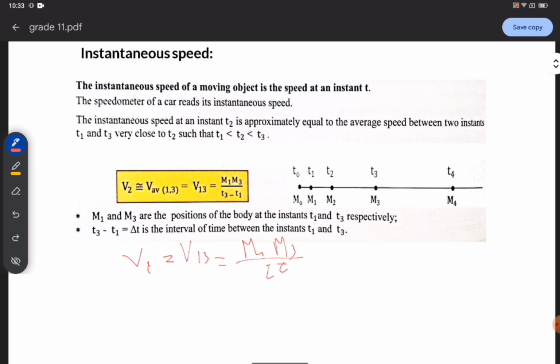The instantaneous speed is always over 2 tau. For example, v3 equals v24, so equal M2M4, since 3 is between 2 and 4, over 2 tau. So it's the instantaneous speed.